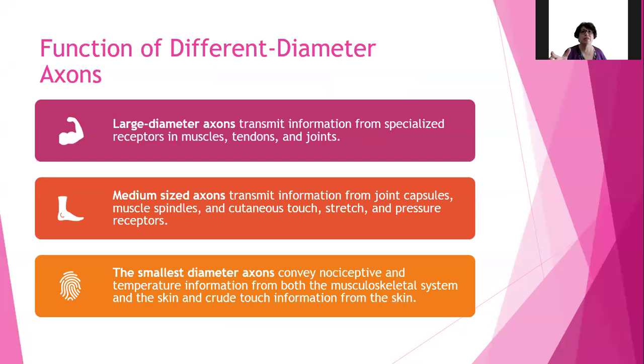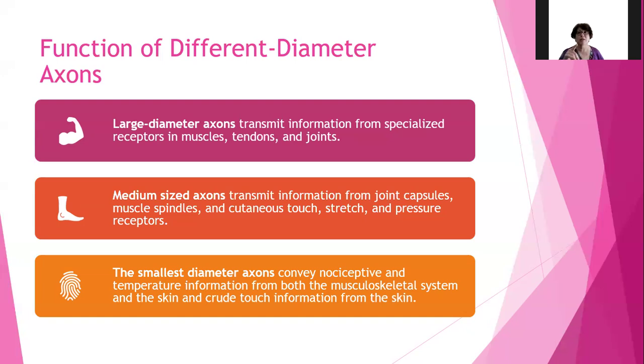Large diameter axons transmit information from specialized receptors in muscles, tendons, and joints. So those 1As and 1Bs and 2s are all muscle, tendon, and joint axons. Medium-sized axons, like the 2s and 3s, transmit information from joint capsules, muscle spindles, cutaneous touch, stretch, and pressure receptors.